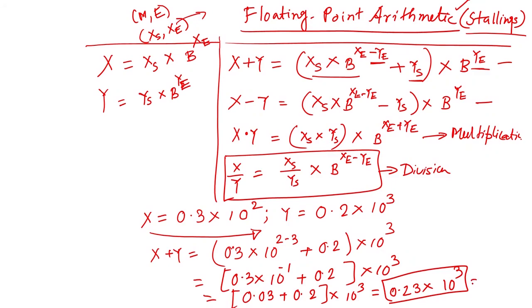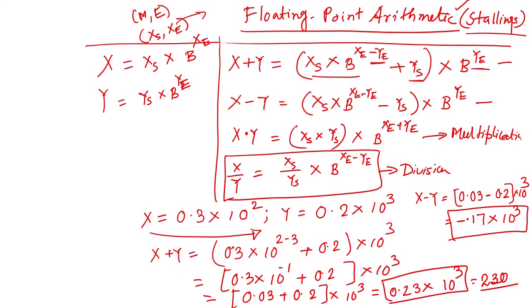Similarly, x minus y is 0.03 minus 0.2 into 10 to the power 3. So this will give you minus 0.17 into 10 to the power 3.